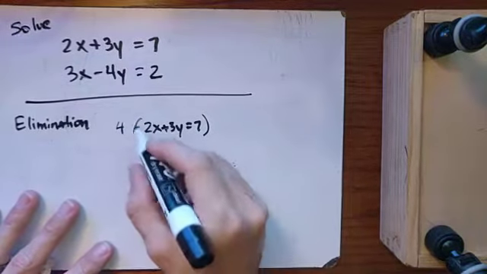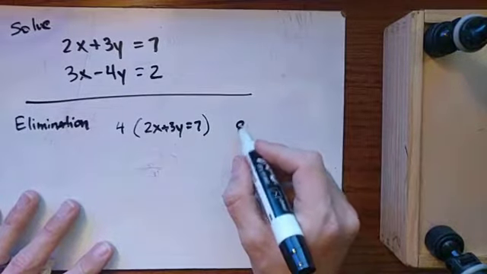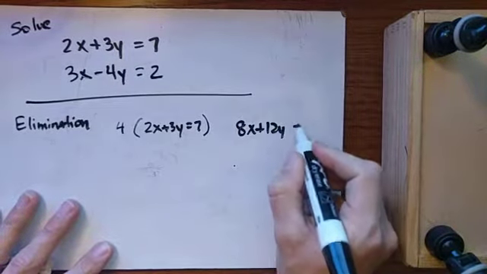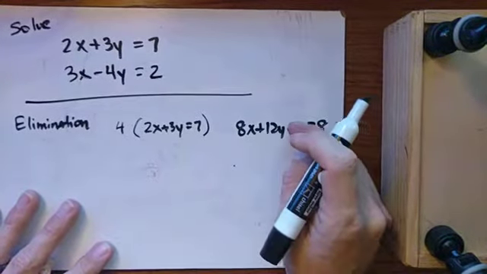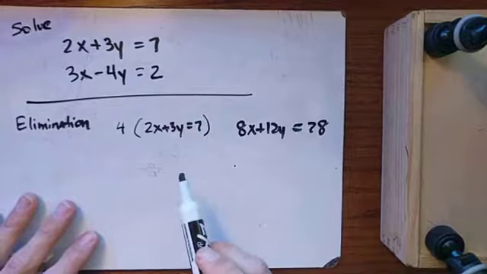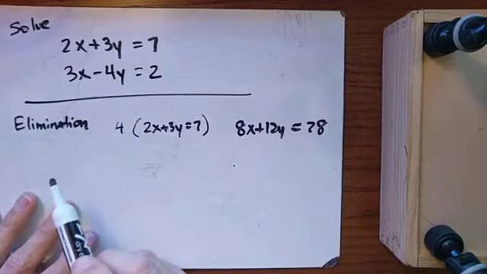Okay, so if I multiply 4 by everything, and I mean the right and the left side, then I get 8x plus 12y equals 28. Okay, well, why would I pick 4? Well, here's the reason why. There's a 4 in front of that y, and it's negative, right?